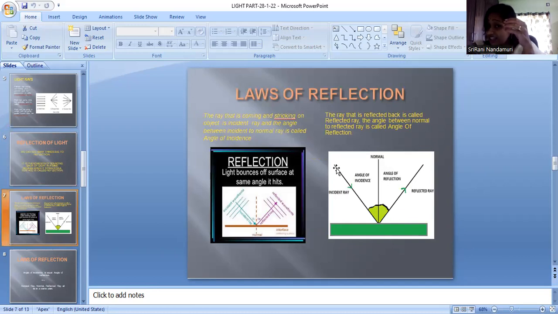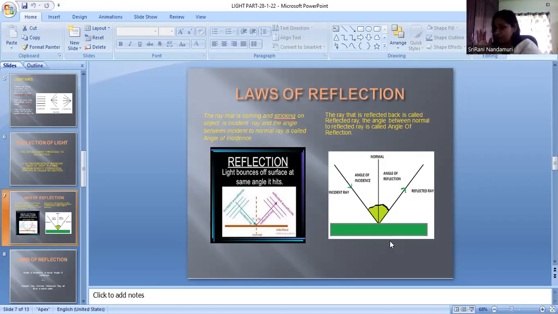This light ray is coming and striking the mirror. Children, observe the light ray which is coming and striking the object. The light ray which is coming and striking the object is called the incident ray. Don't get confused. Coming towards the object is called the incident ray.